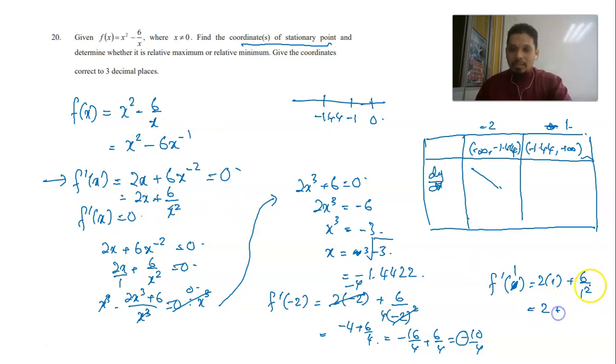So 2 plus 6, and then 8. So the gradient is increased. So the conclusion, the gradient is decreased, and then the gradient increases. So this is a relative minimum.